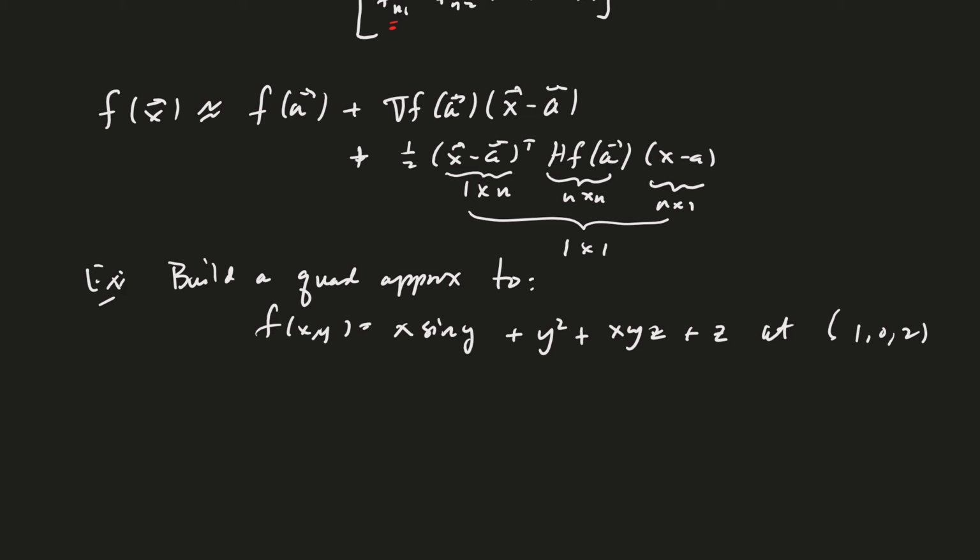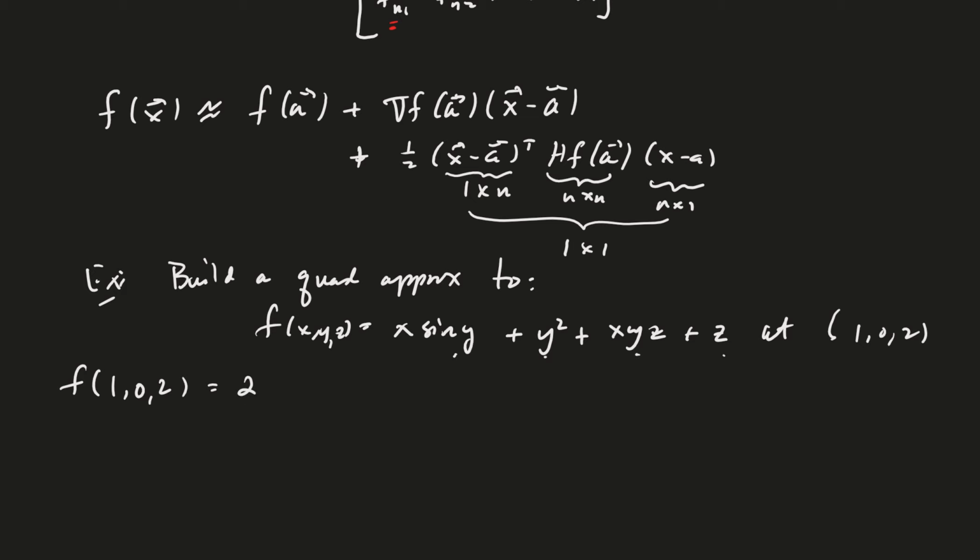So let's compute everything that we need here. That basically says to compute all the first derivatives and all the second derivatives, right? So f of 1, 0, 2, oops, sorry, that's an xyz. F of 1, 0, 2 is equal to 1 times 0 plus 0 plus 0 plus 2.